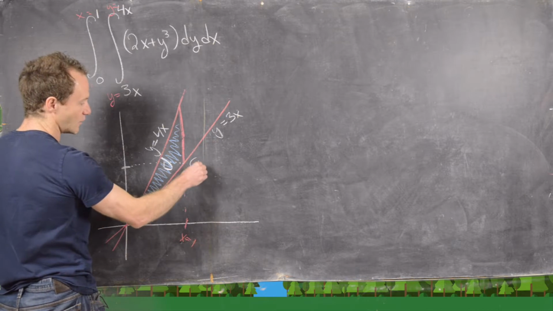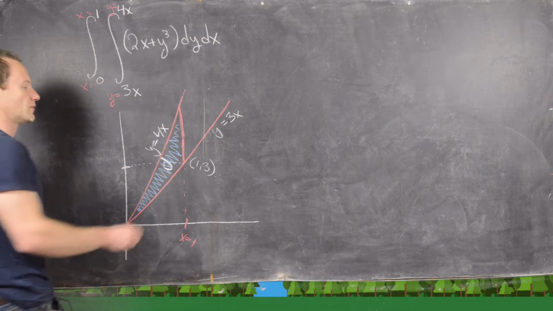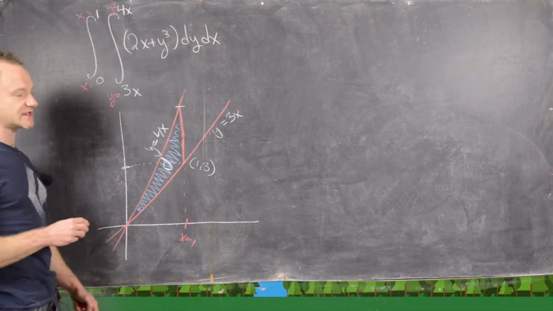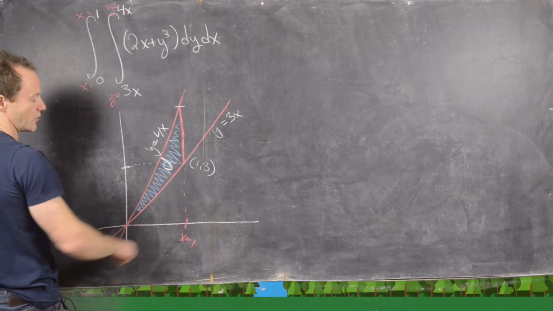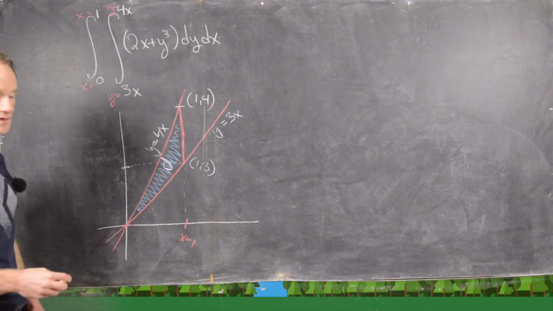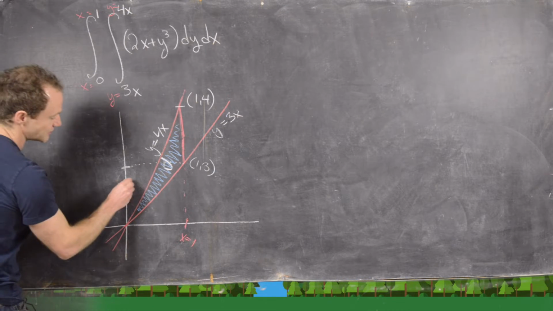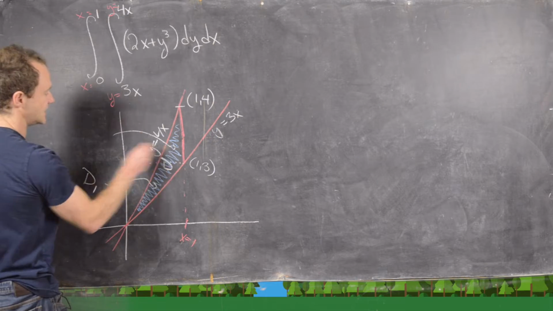So this is the point (1, 3). Great. And then another important point will be up here, this intersection point, and that's where y equals 4x goes through the point x equals 1, so that will be (1, 4). Great. So we should maybe split this up into this down here, which is D1, and this right here, which is D2.